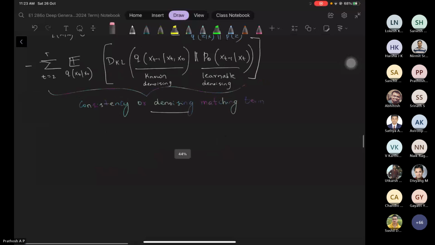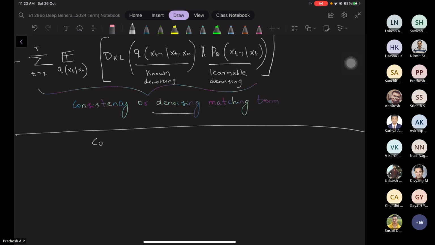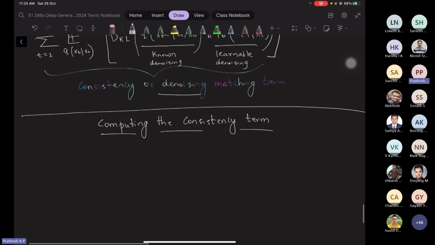Okay. Let us look at what to do now, to compute the consistency term.